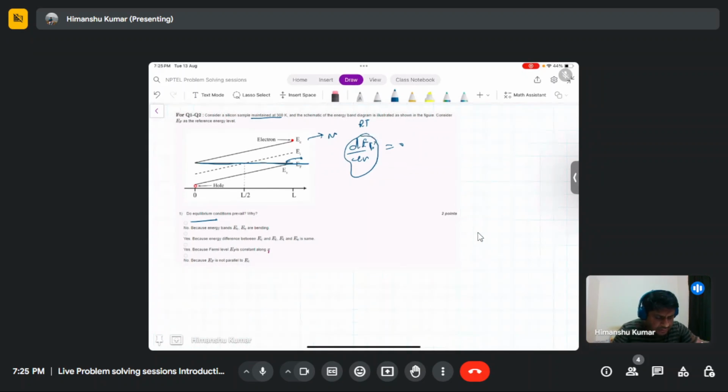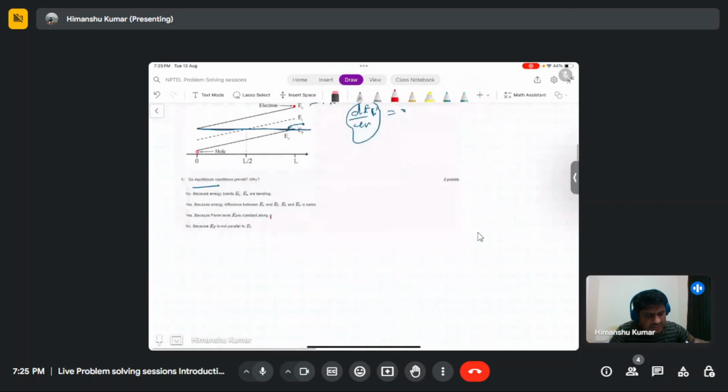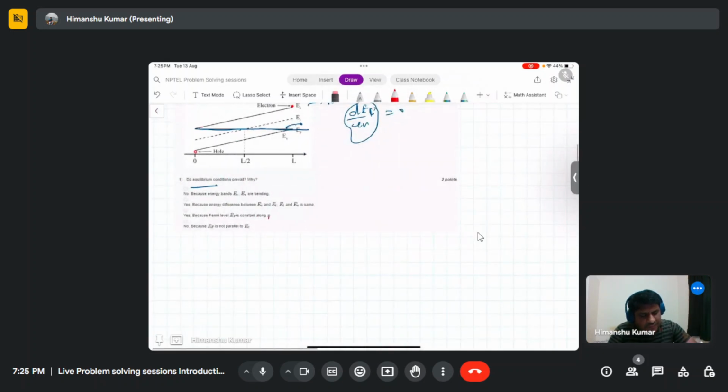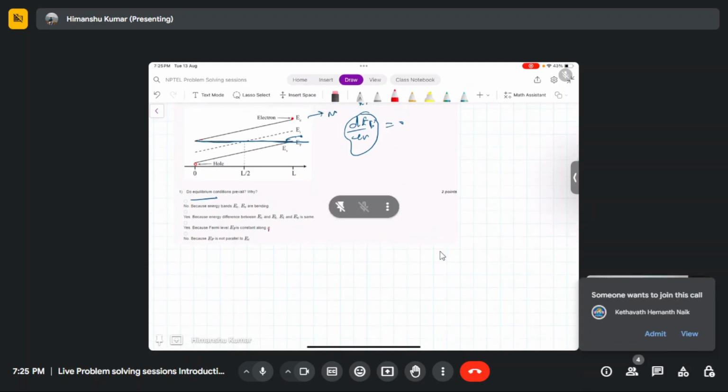People get confused here because band bending is there. The conduction band at each location is varying, and the same for the valence band. So people may think this can be considered a non-equilibrium case, but it is not so.